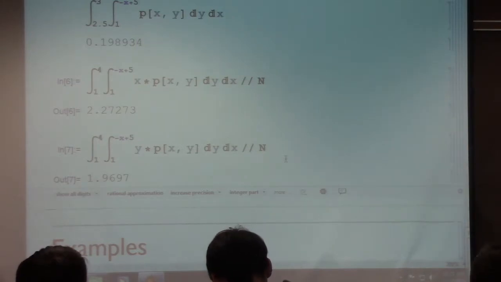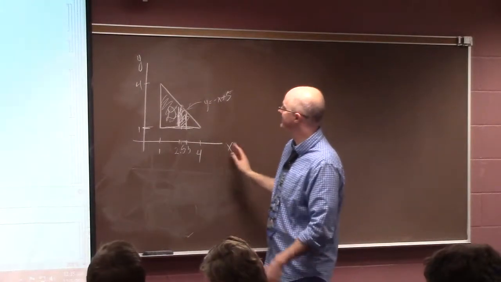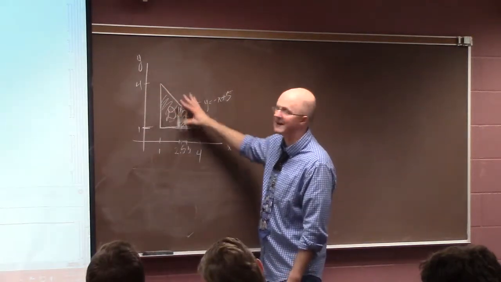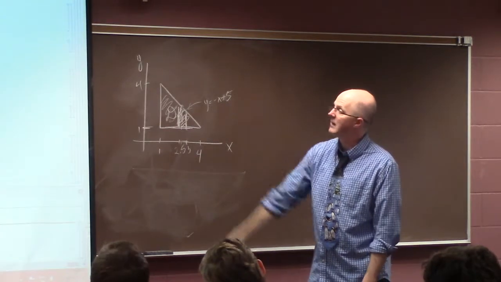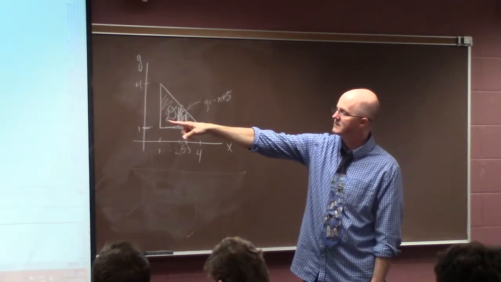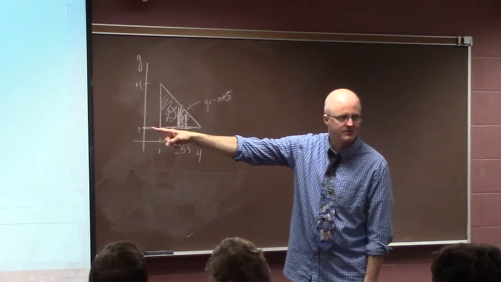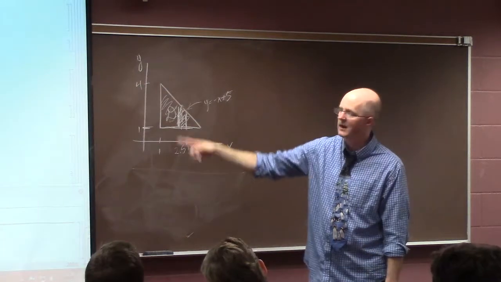So that's saying if you perform the random experiment many, many times, over and over again, get lots of different values for x and y that all vary inside this triangle, then on average, the x's will have an average close to 2.3. The average of the x's will be close to 2.3, and the average of the y's will be close to 2. That's the intuition behind what those numbers mean.